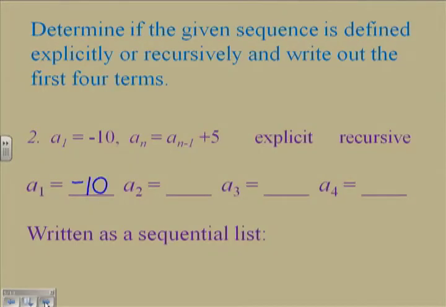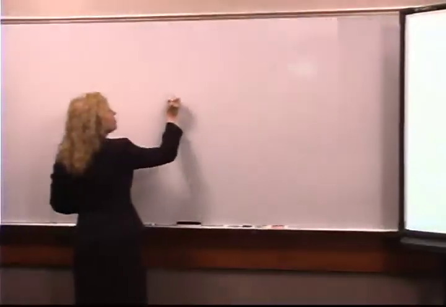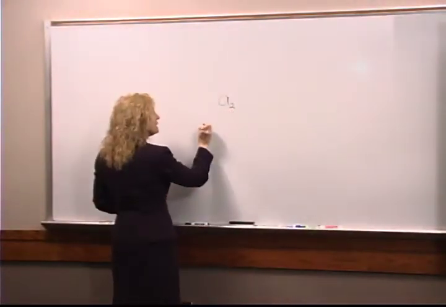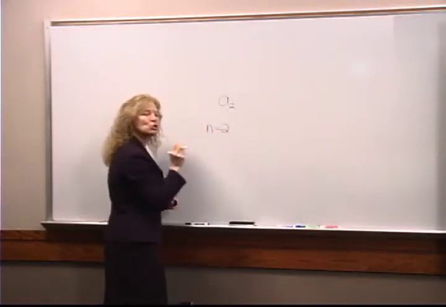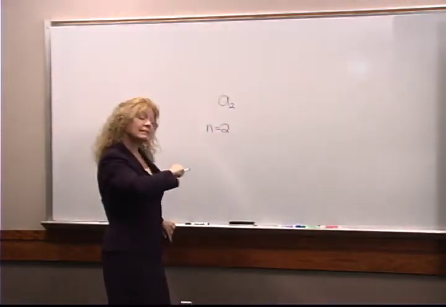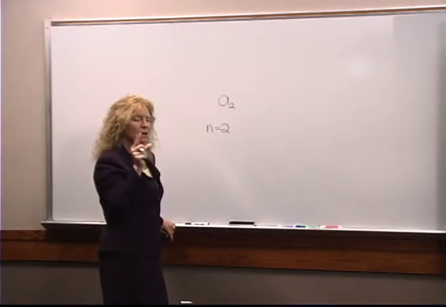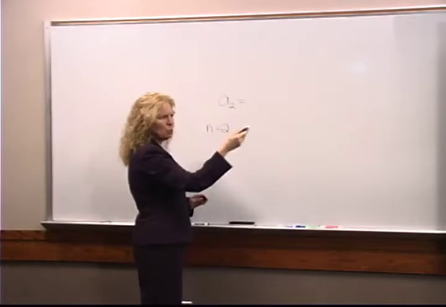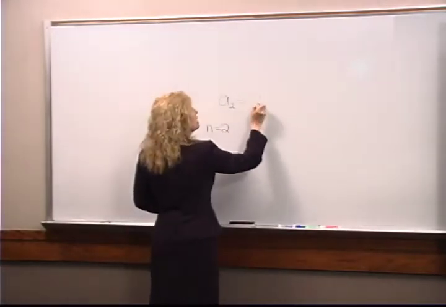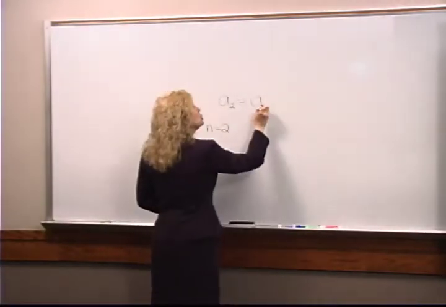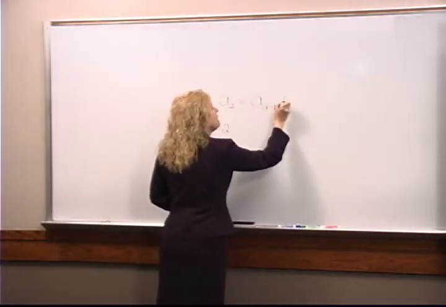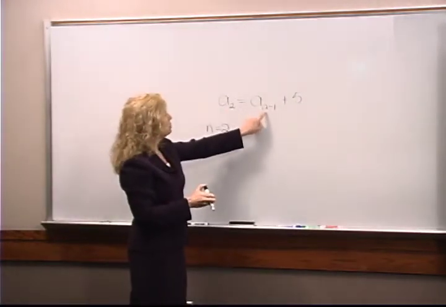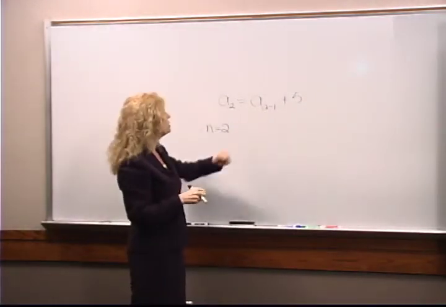Let's come over to the board for a second. If I'm looking for a sub 2, do you realize that subscript tells me n equals 2? Now that means that for the time being, n has to be 2. So my rule there says that I'm supposed to then use a sub 2 minus 1 plus 5. Because n is 2, so it replaced this n also with a 2.